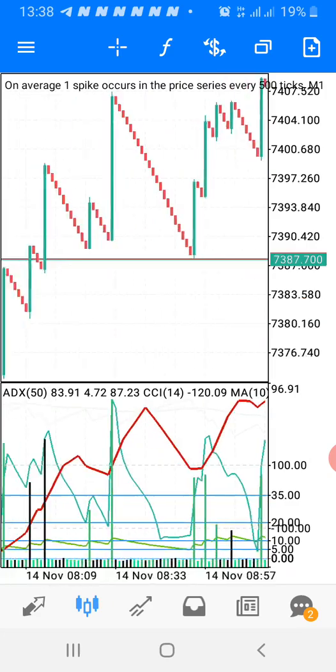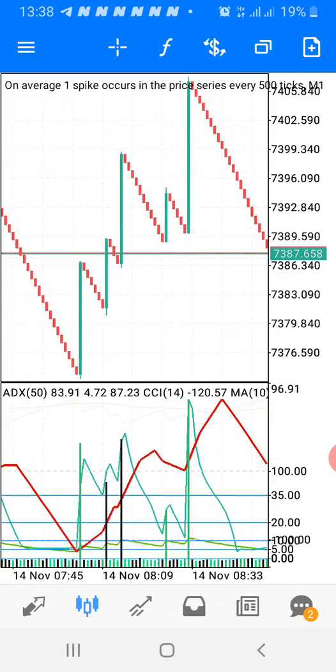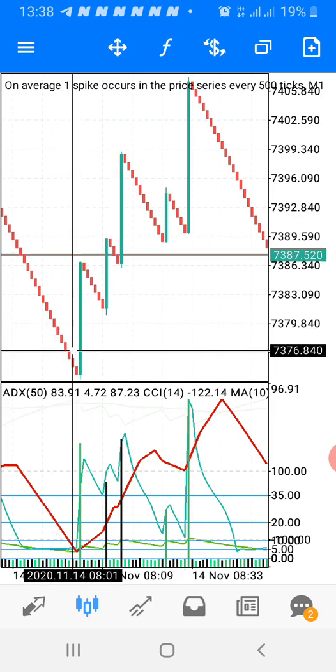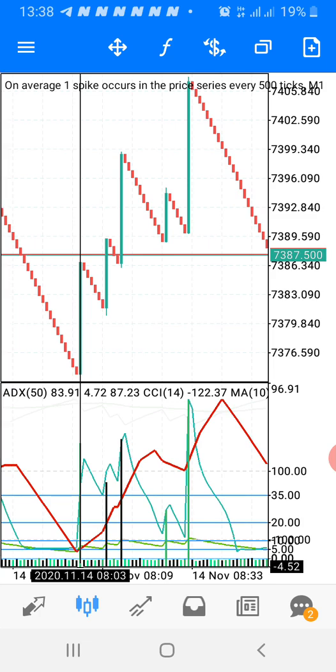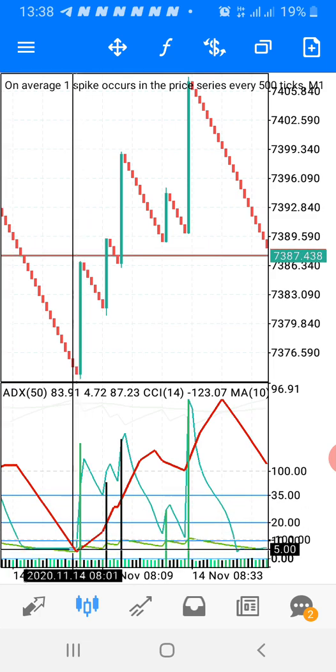So let's check other examples for Boom 500. You see, at the oversold level, this time we are using oversold for Boom 500. Look at it. It crossed below, right? It crossed below from here, and look at the buy. It crossed below and look at the buy.